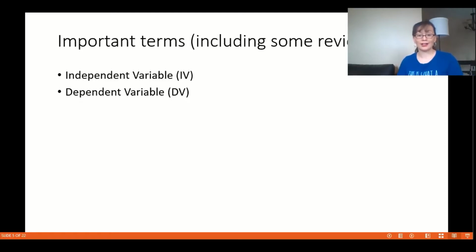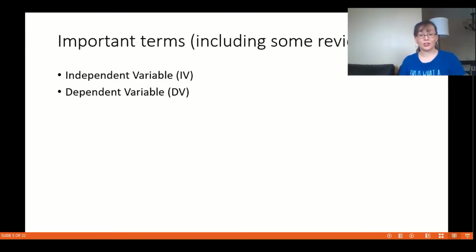Again, these terms are really specific to experimental studies. If we're doing a correlation or some kind of non-experimental version, we're going to talk about variables, but they're not going to have these specific terms associated with them because we're not manipulating anything. Remember, that's what makes experiments special: in a true experiment, the researcher is going to manipulate at least one variable, and that's going to be our independent variable.